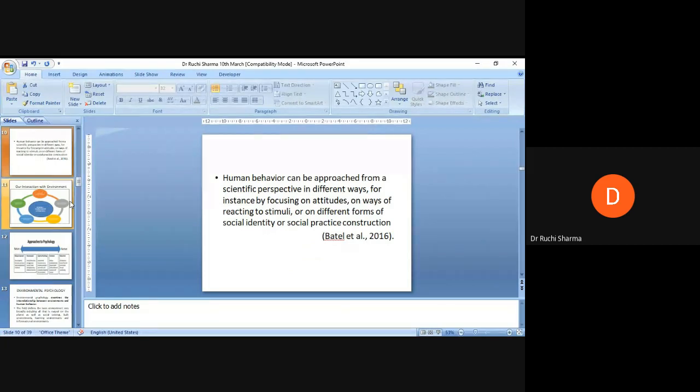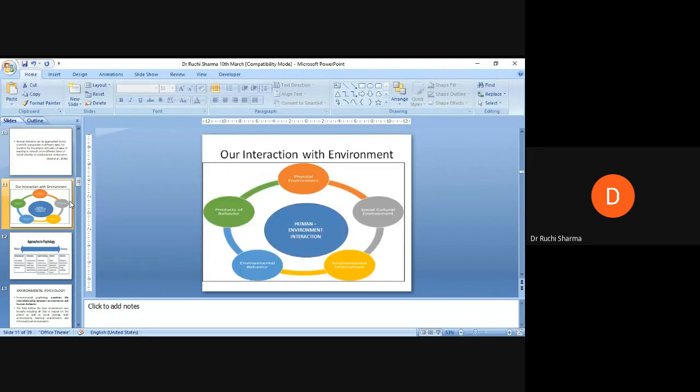In research conducted by Battle and his colleagues in 2016, it was observed that human behavior can be approached from a scientific perspective in different ways. For instance, by focusing on attitudes, on ways of reacting to stimuli, or on different forms of social identity or social practice construction.